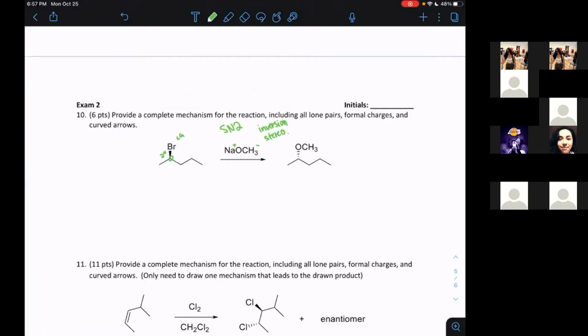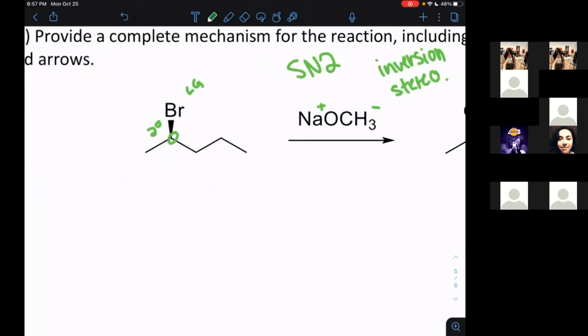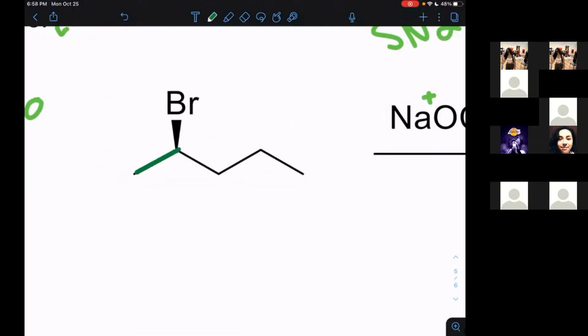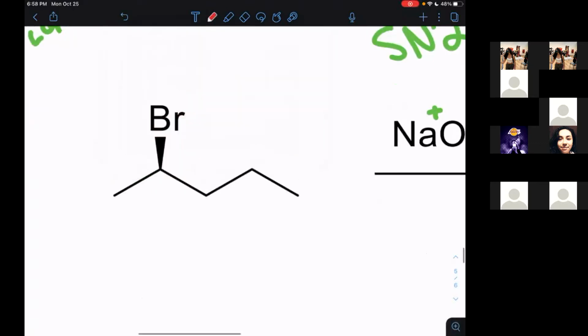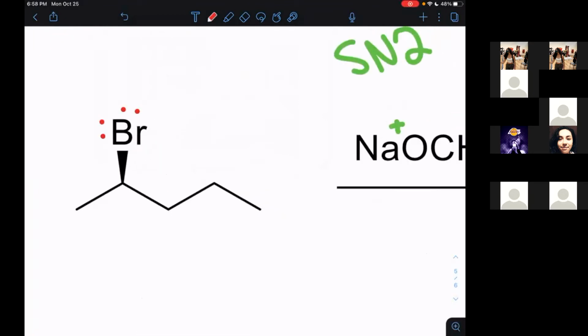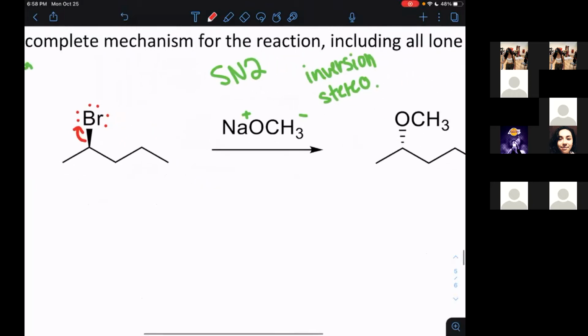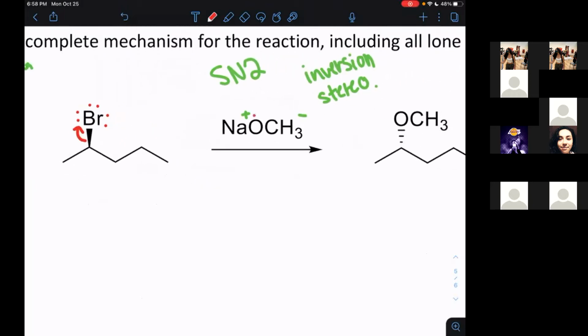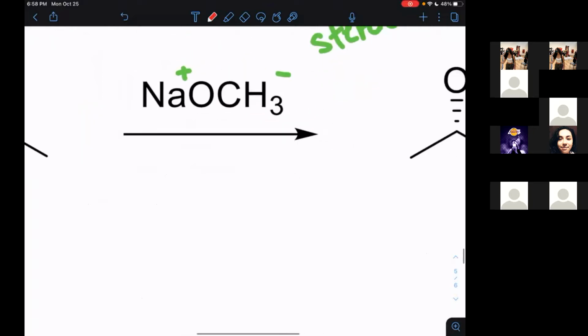So that, and then provide the mechanism for it. Let's see. I think I could just do it all in here, so it all happens at once. So this one gets kicked off, and then oh frick, okay, I'll redraw that.